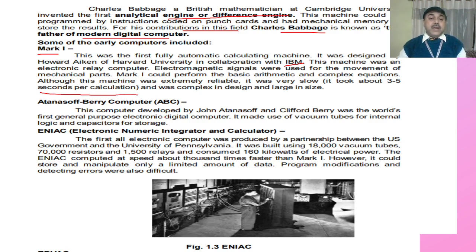After that we find the ABC, the Atanasoff-Berry Computer. John Atanasoff and Clifford Berry did this. Clear? That machine used vacuum tubes for its internal logic and capacitor storage. Then ENIAC means Electronic Numerical Integrator and Calculator.